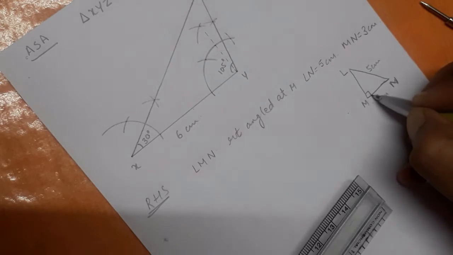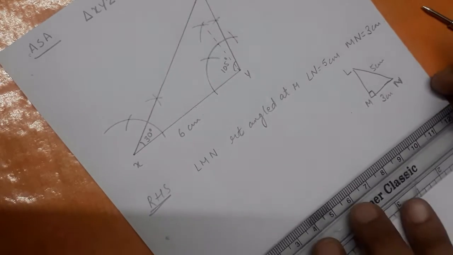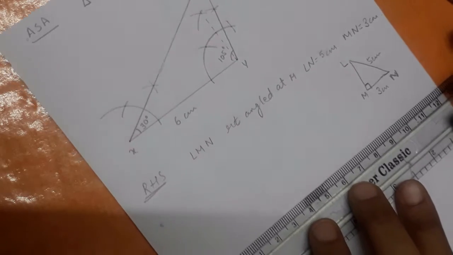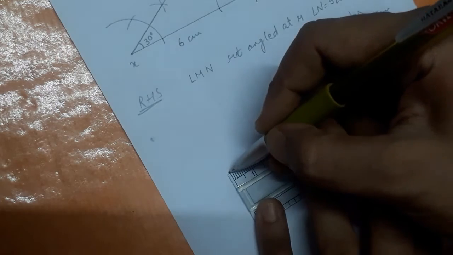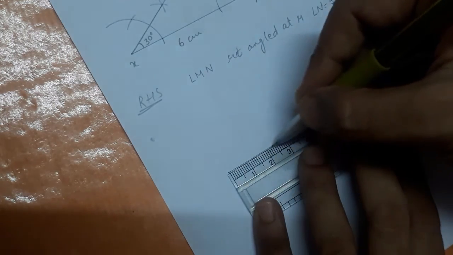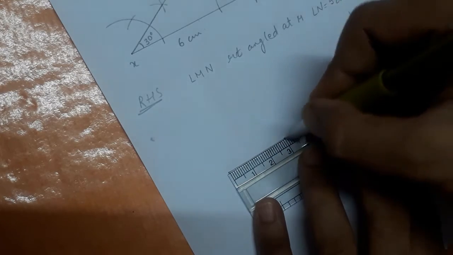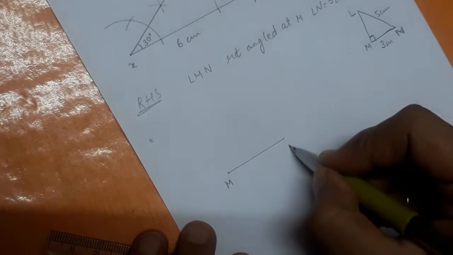We are not given this side, and we are given that this is a 90 degree angle. So first let us draw MN equal to 3 centimeter. This is MN.